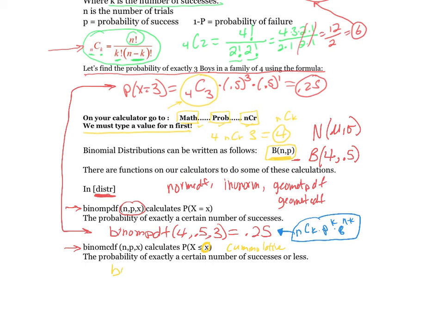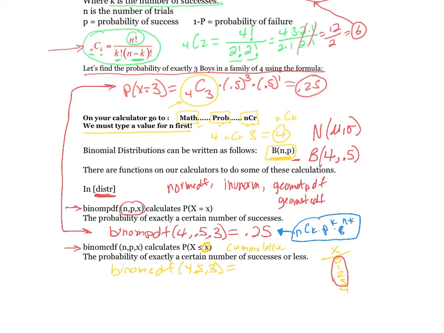So if I typed in the same thing that I typed in the previous problem, the 4, .5 and 3, what this function would do is figure out what's the chance of getting 3 or fewer successes, or in this case, 3 or fewer boys in a family of 4. So it would take that table and add up those options.